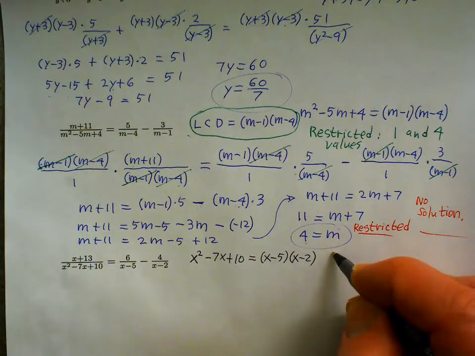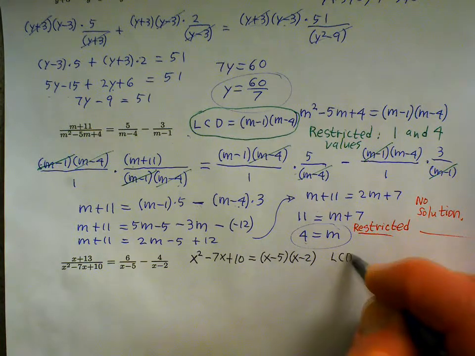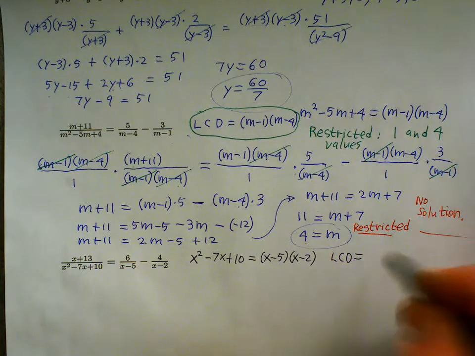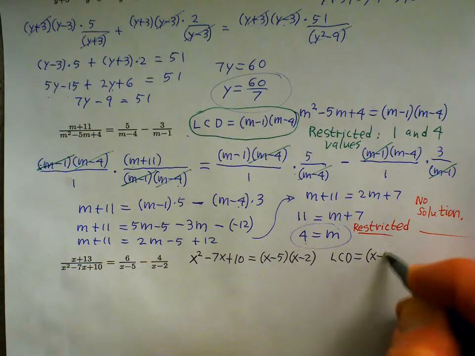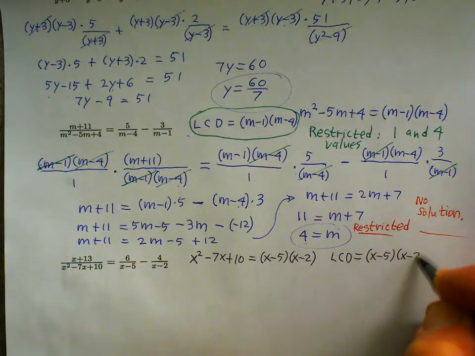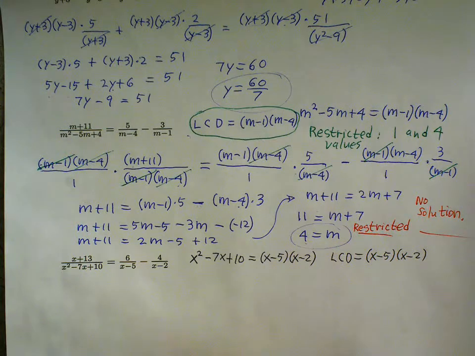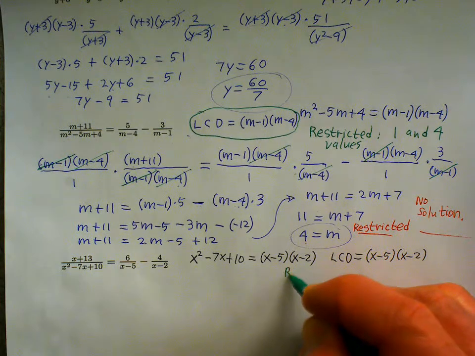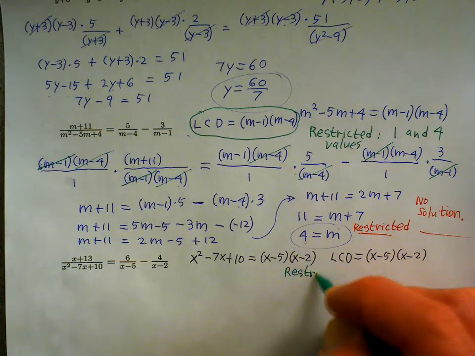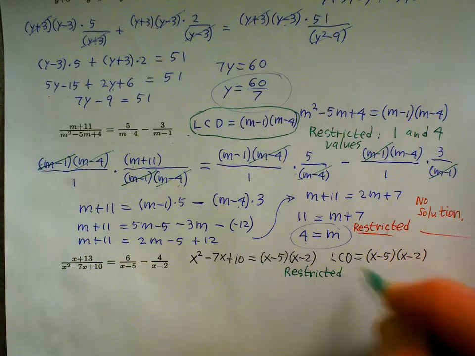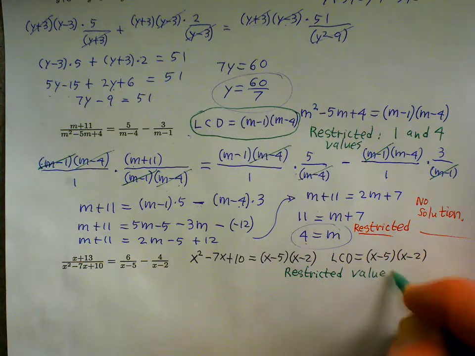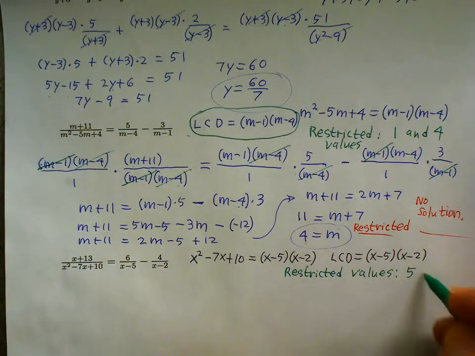So there are only two restricted values. The least common denominator is x minus 5 times x minus 2. And there are two restricted values, 5 and 2.